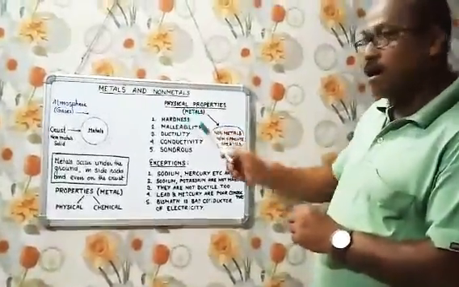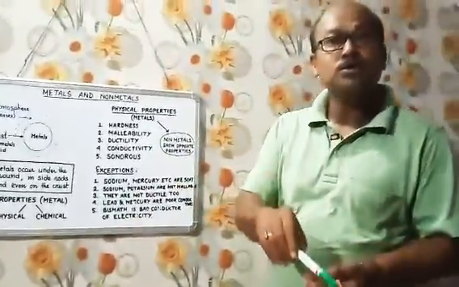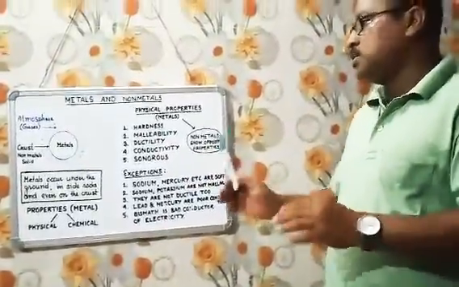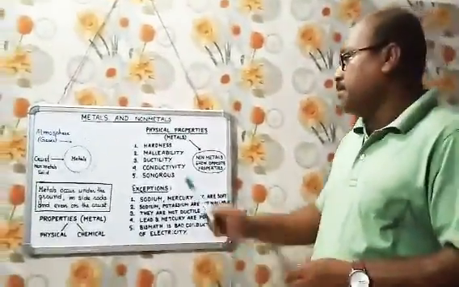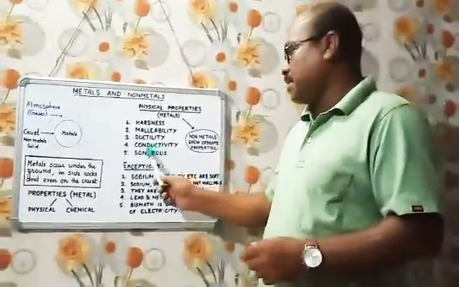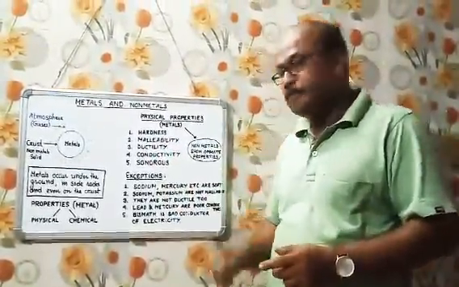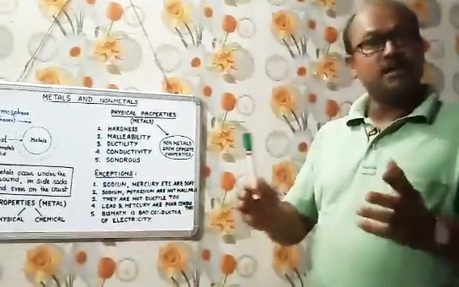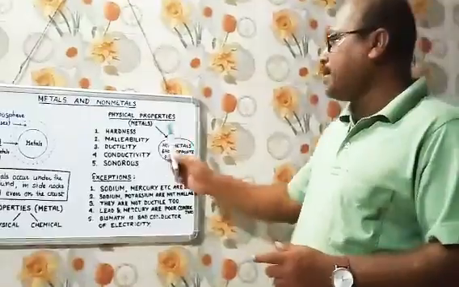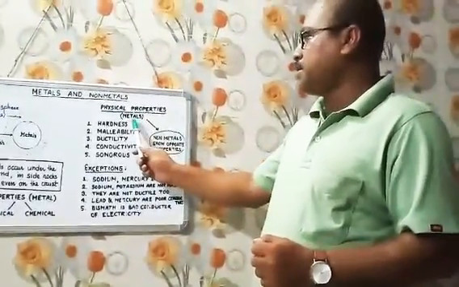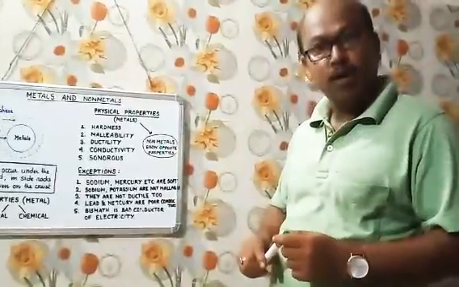Means metals are hard, then non-metals will be soft. Metals are malleable, non-metals will be non-malleable. Metals are ductile, but non-metals are not. Metals are good conductors of heat and electricity, but non-metals are not. Metals are sonorous, but non-metals are not. So in that way, depending on the physical property, we can also find out the difference between metal and the non-metal.